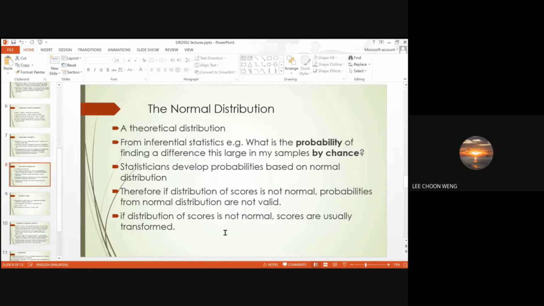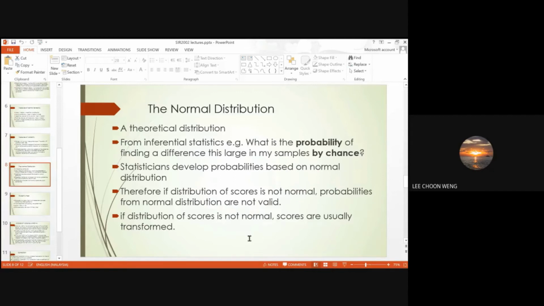However, if your data is not normal, you can try to normalize them by transforming them so that your data fits into normal distribution.